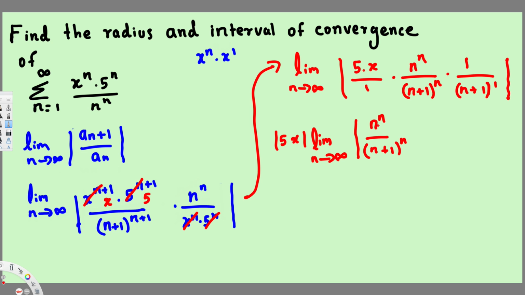Or you can directly write it all together as n over n plus 1, all together to the power n, right? You can also write like this, because both of them have power n, and then we have 1 over n plus 1.